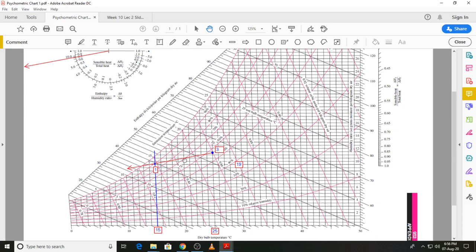And then I will just focus on the enthalpy. You can see that this value over here is above 50, and again we can draw a constant enthalpy line which will pass through this state point and read off the value from the scale. So I will just take it over here, and you can see the value is, if this is 50, 51, 2, 3, 54 kilojoule per kilogram dry air.